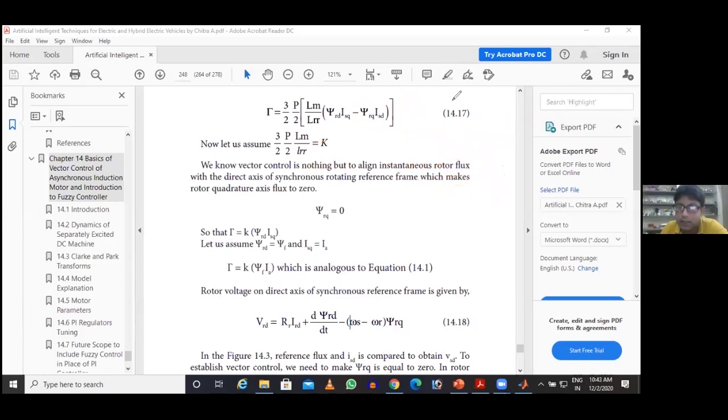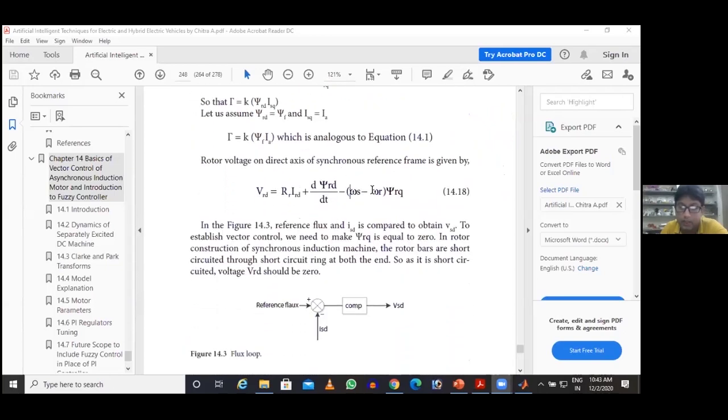Now I am concluding a few things after this discussion of maybe 45 minutes. One is that to implement vector control on an induction machine, I need to create an analogy of a separately excited DC machine.